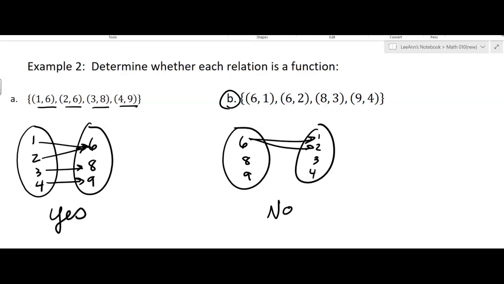Okay, I didn't even finish my mapping. 8 goes to 3 and 9 goes to 4. All right, and it only takes one mistake, I guess. It's not a mistake. It's just one set of ordered pairs, like one domain element going 2 different places. So the others were fine. The 8 and 9 were fine. But the 6 is going 2 different places, therefore it's not a function.